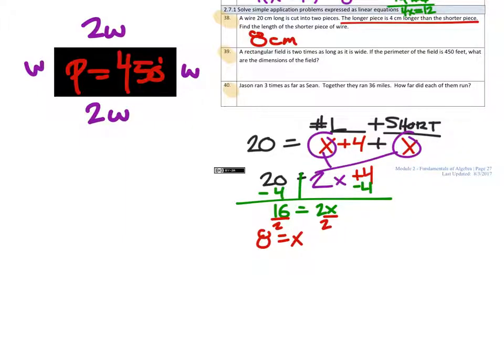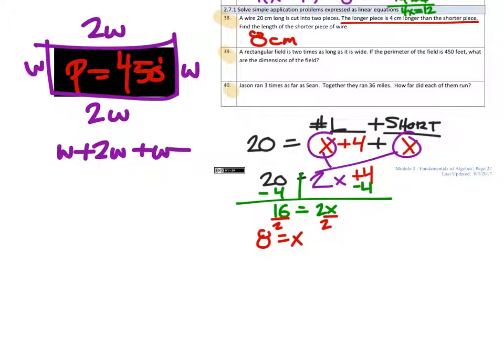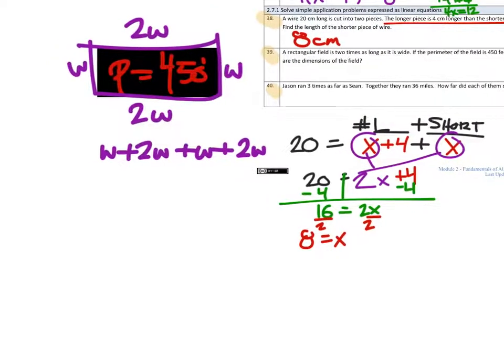Now when I add all of these, the perimeter is just the outside of this thing. So if I add all of those together, I should get 450: width plus 2 widths, plus the other width, plus the 2 widths, which is the length. Again, that should be 450.